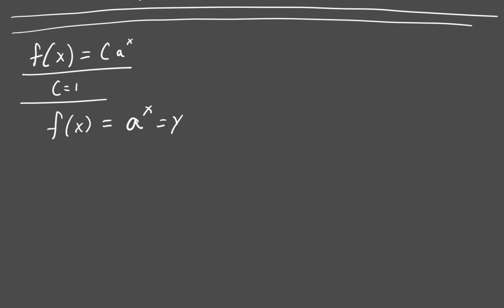I'm going to set that equal to y, and this statement here is the one we're going to work with. This has a base of a, this has an exponent of x, and this has an output of y.